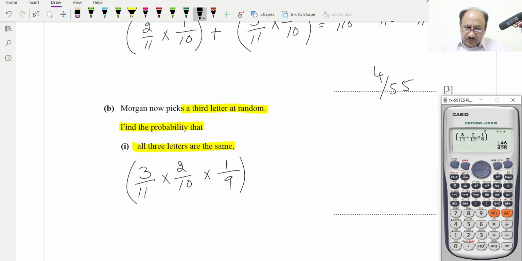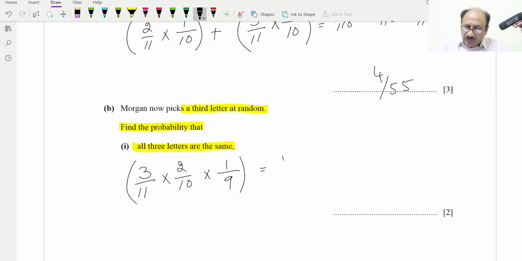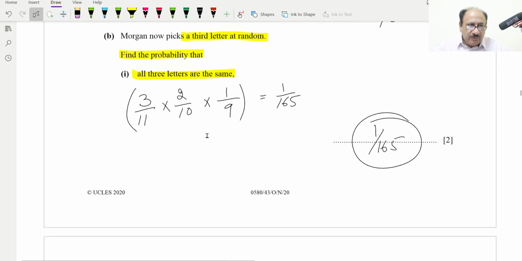Basically we made a mistake, we wrote plus over here, so we have to rectify this plus as multiplication, and we get 1 over 165. Our answer will be 1 over 165. This is a 2 mark question which we have done.